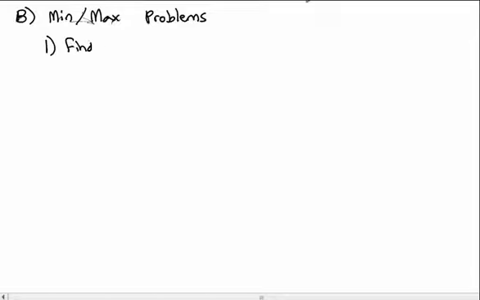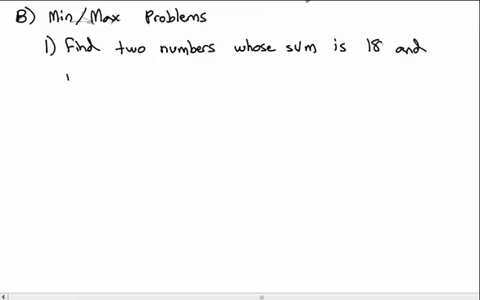We're going to find 2 numbers whose sum is 18 and whose product is a maximum.